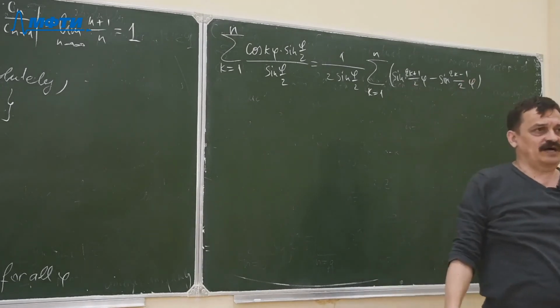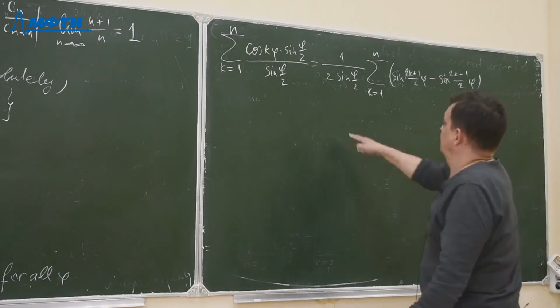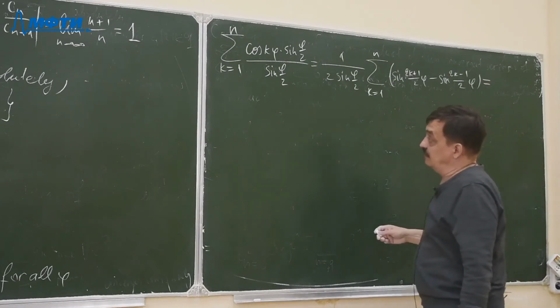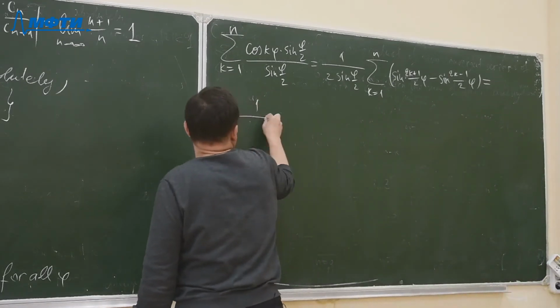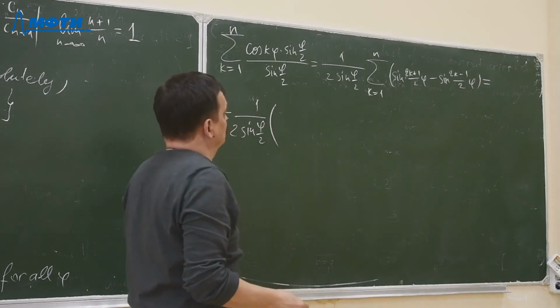Sine of sum minus sine of difference, right? Over 2. But that is a telescopic sum. Because, look, how we can write it down.